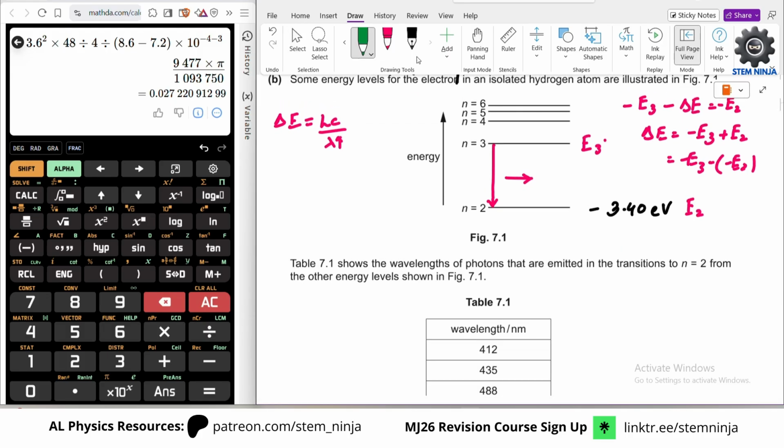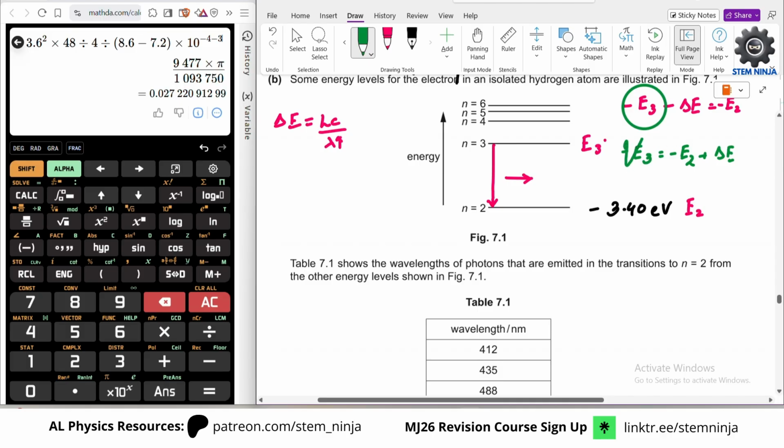But since we actually need E3, we can keep it this way also. So if we rearrange this, minus E3 will be minus E2 minus the difference in energy level.